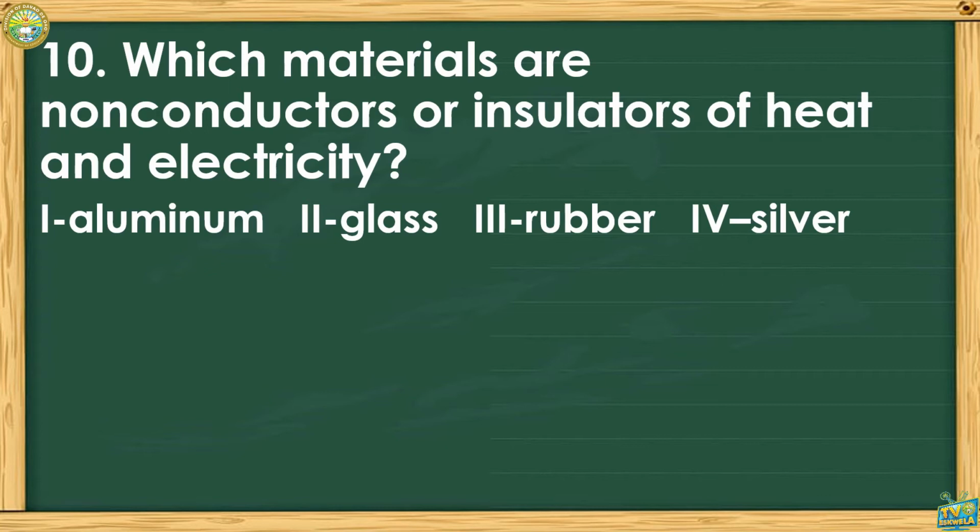Number 10. Which materials are non-conductors or insulators of heat and electricity? 1 aluminum, 2 glass, 3 rubber, 4 silver.